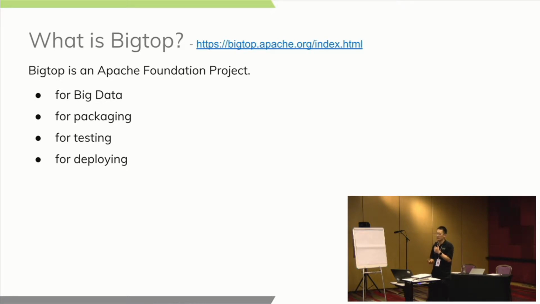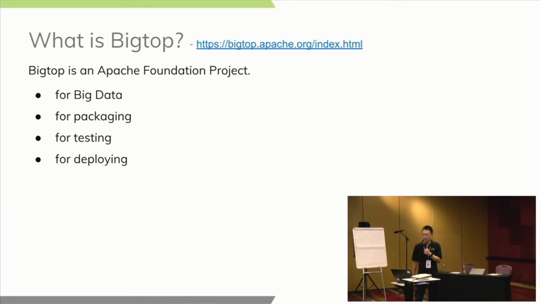Bigtop provides two types of packaging: for Debian, they have DEB files, and for Red Hat, they have RPM packages.